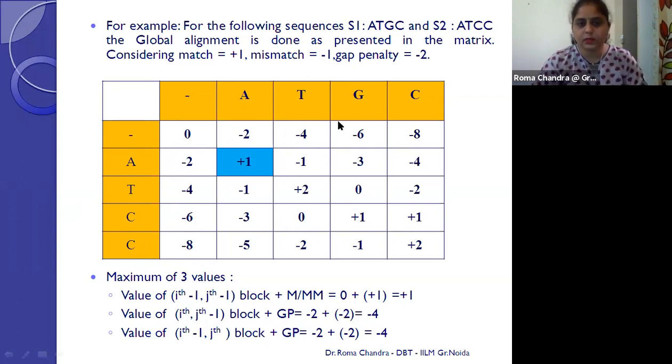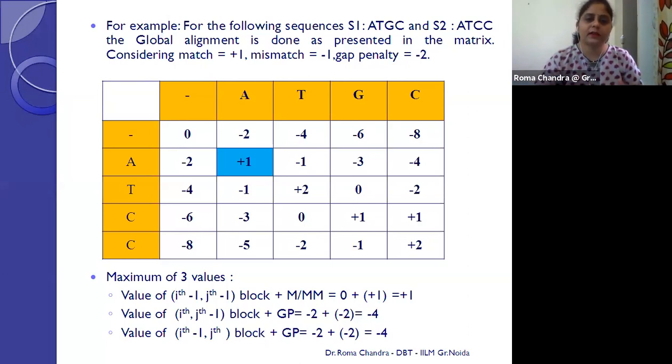Here you can see the length of both these sequences is the same. I have taken a length of 4 here and a length of 4 here. While aligning sequences, 99.9% of the time the two sequences have different lengths.